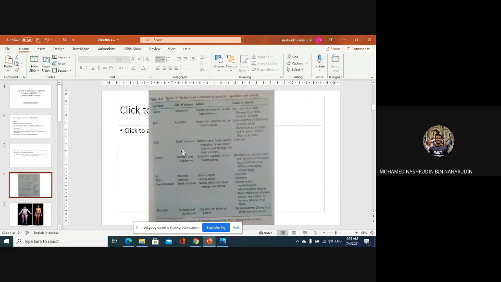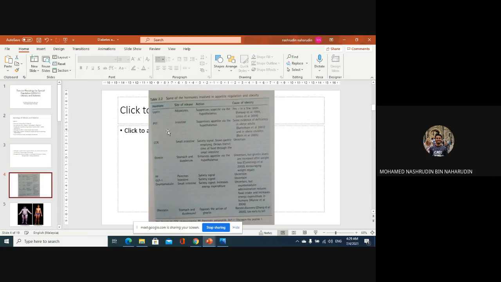So these are some hormones that are involved in appetite regulation. Leptin is the appetite suppressant, meaning that it will stop you from eating. It's secreted by the hypothalamus. PYY is also an anorexigenic hormone. PYY is released when your stomach is stretched, to stop someone from further eating.